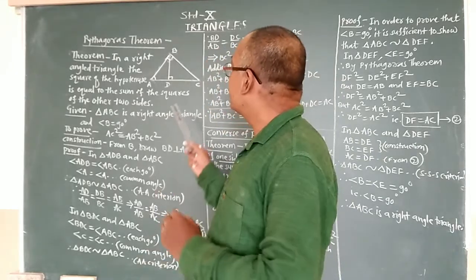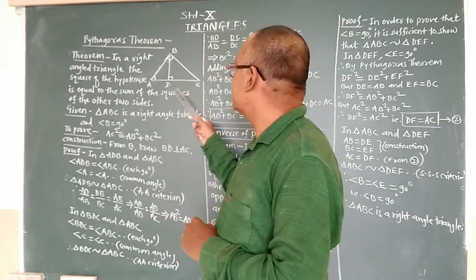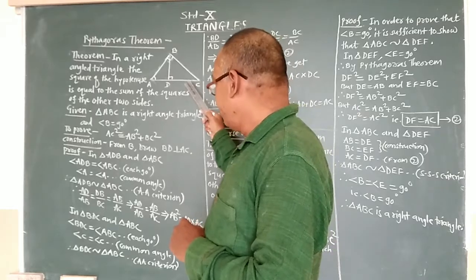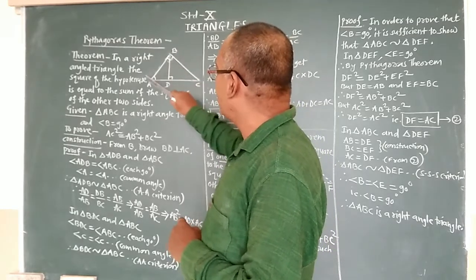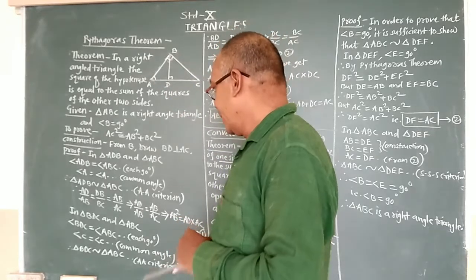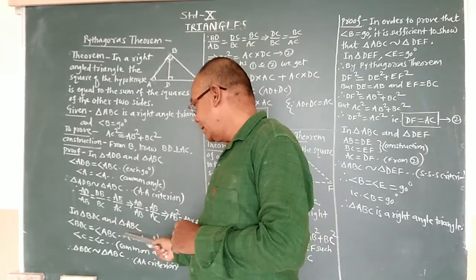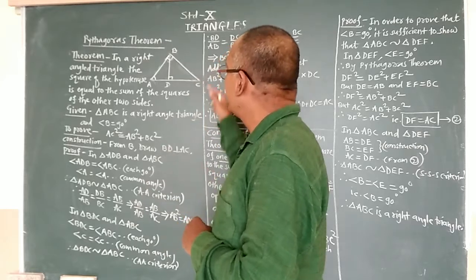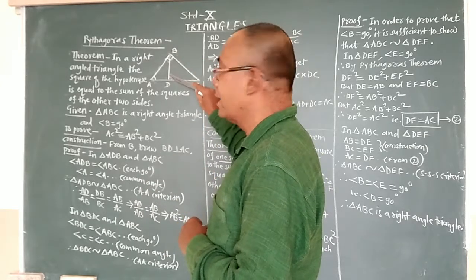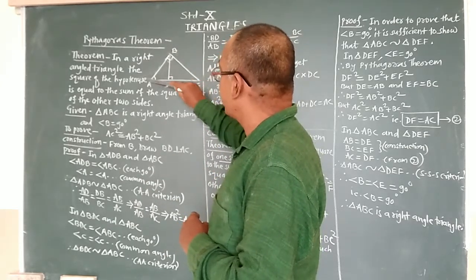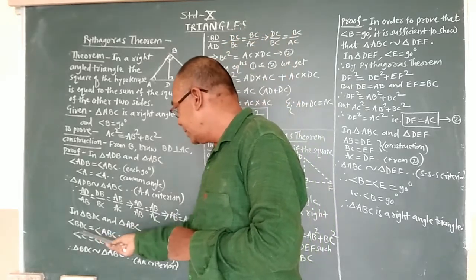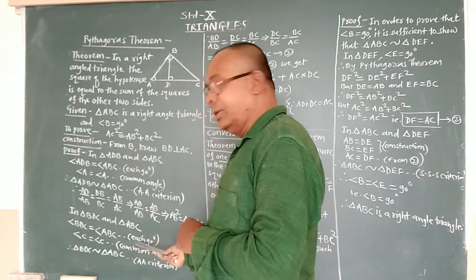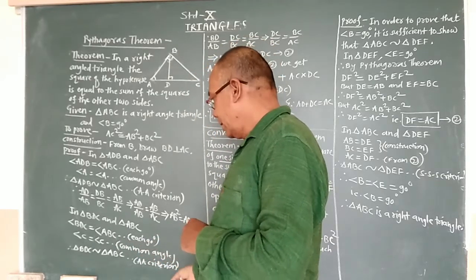Now we have to consider the second triangle, that is triangle BDC, and our original triangle ABC. So in triangle BDC and triangle ABC, we know that in triangle BDC again angle D is 90, and in triangle ABC angle B is 90. So angle BDC equals angle ABC, each 90 degree.